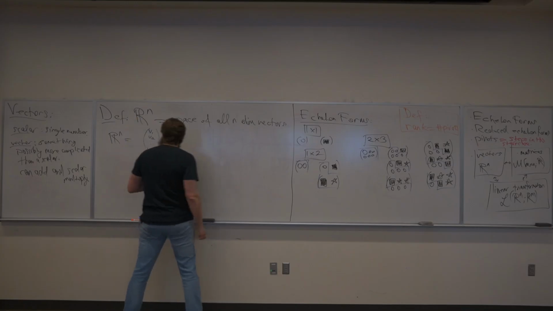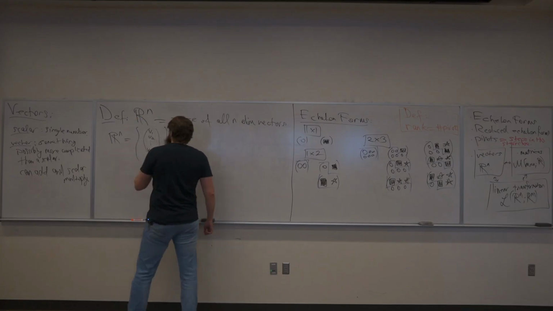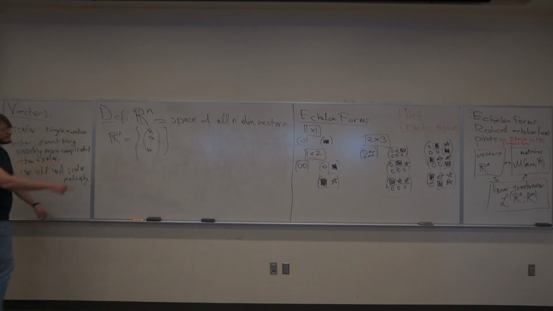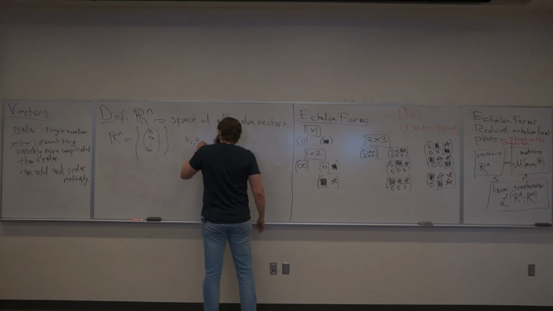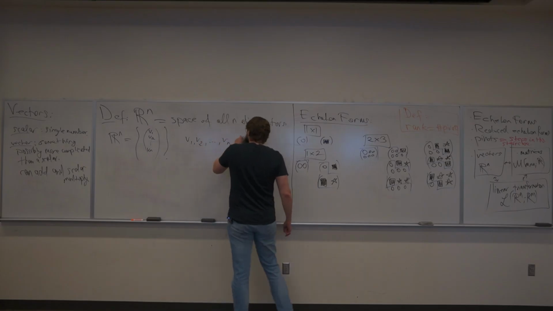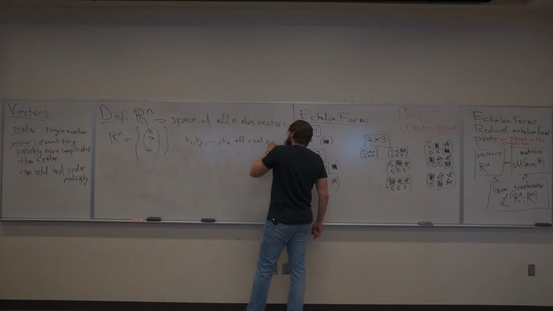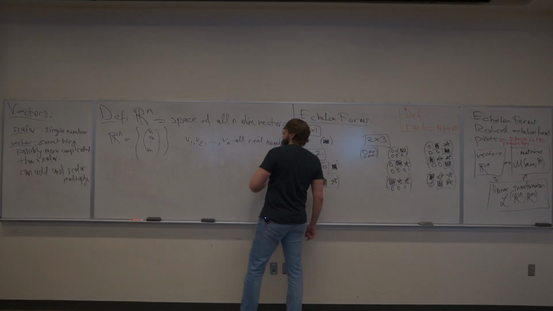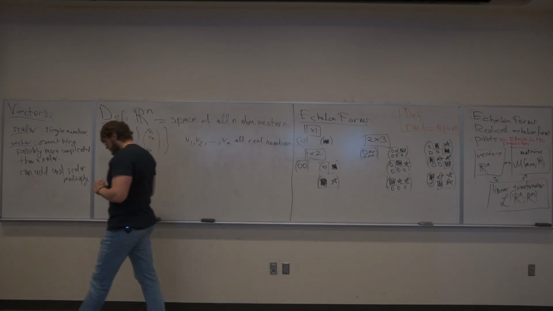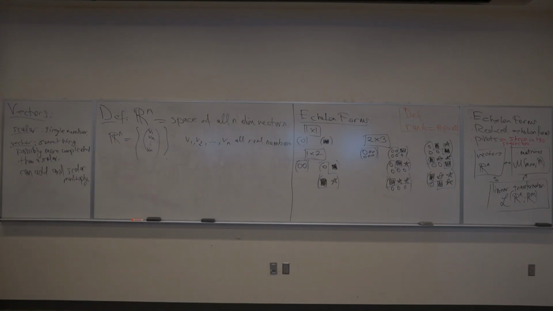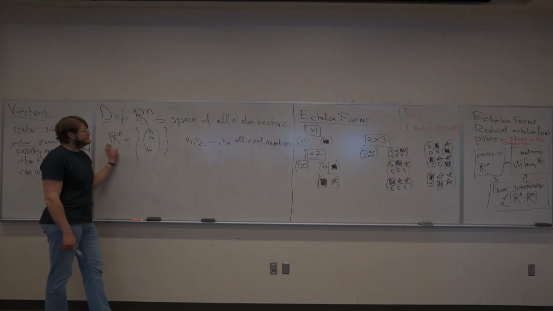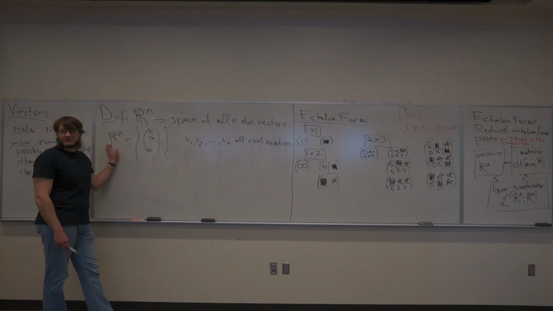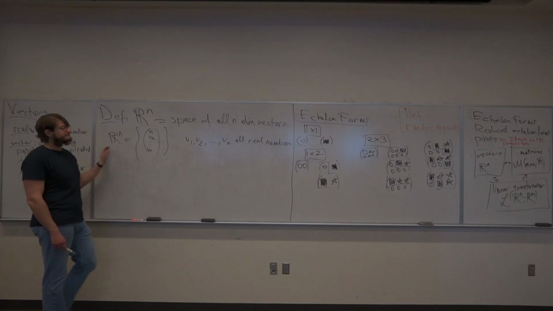The collection of all such things, where v1, v2, through vn are all real numbers. So technically what I'm saying is an n-dimensional vector is nothing but an n by 1 matrix. You can think of it like that too.